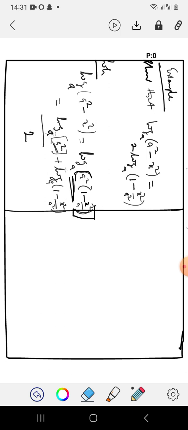So we have 2 plus log base a of (1 minus x squared over a squared), which is the same thing as the question. So this is the final answer.